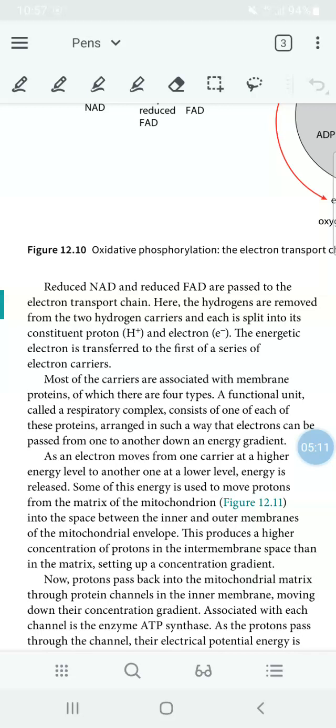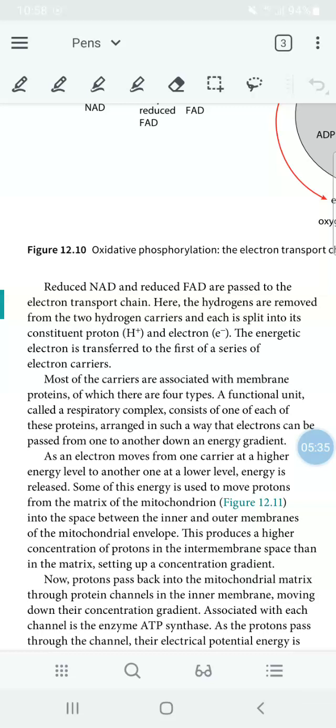As an electron moves from one carrier at a higher energy level to another at a lower level, energy is released. Right? So when this electron moves from one carrier protein at a higher energy level to another carrier at a lower energy level, energy is released.